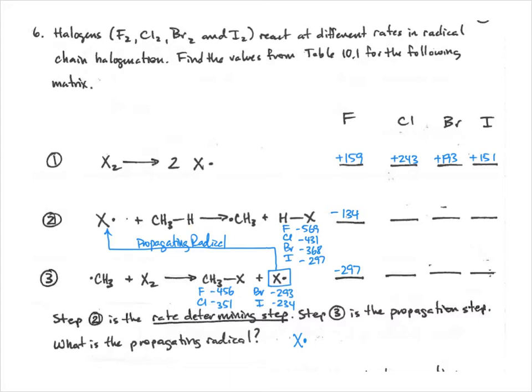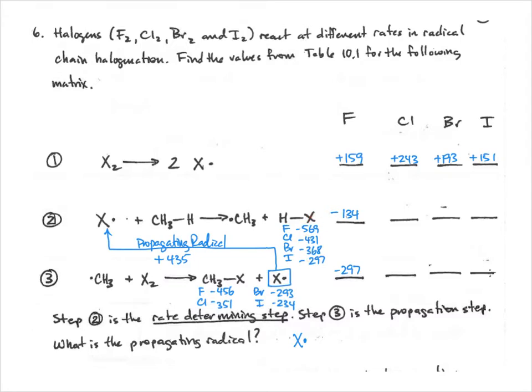From our table 6.1, we recall that this had plus 435 kilojoules per mole. We take that value and add the enthalpy for breaking the H-X bond, where X is the halogen, also from the table.